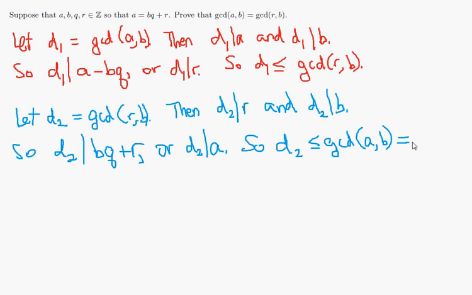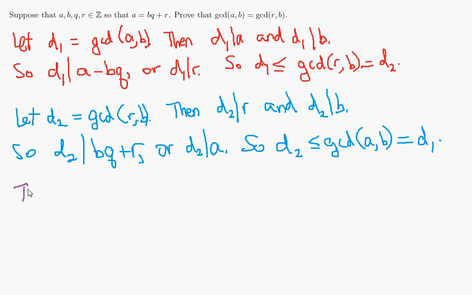And remember, that's equal to d1. And the greatest common divisor of r and b, that's by definition, we just said equal to d2. So d1 is less than or equal to d2. d2 is less than or equal to d1.